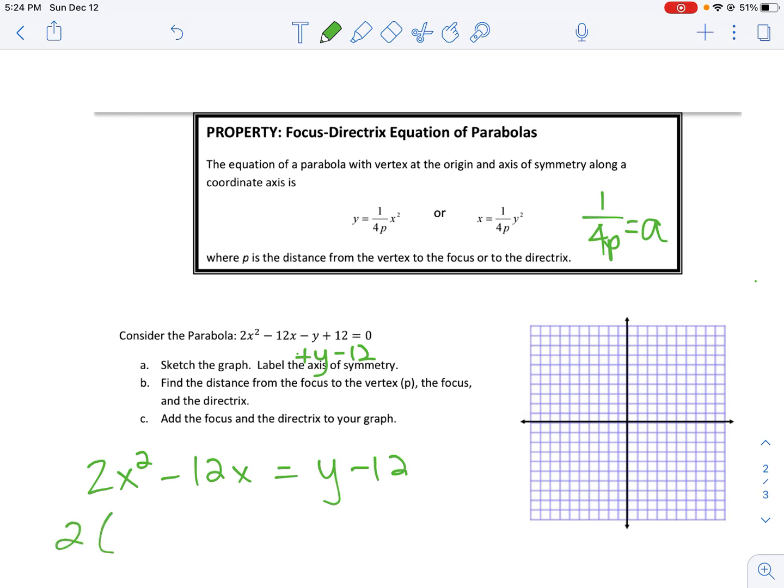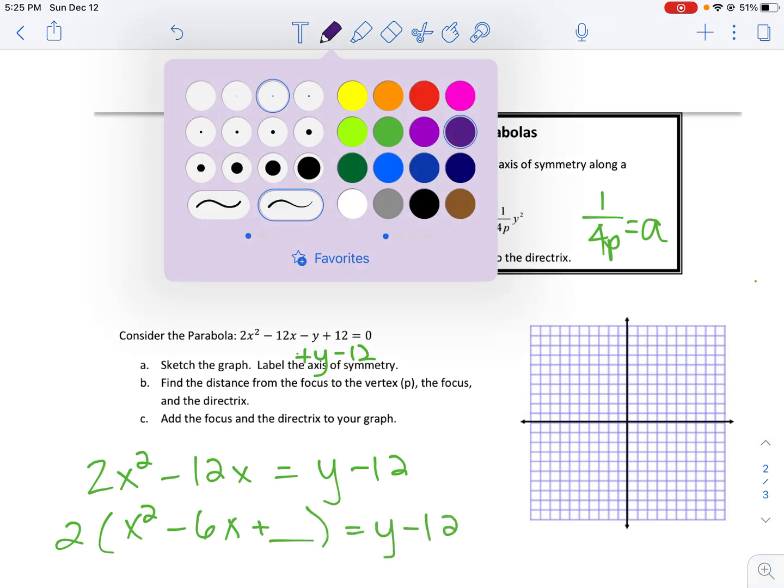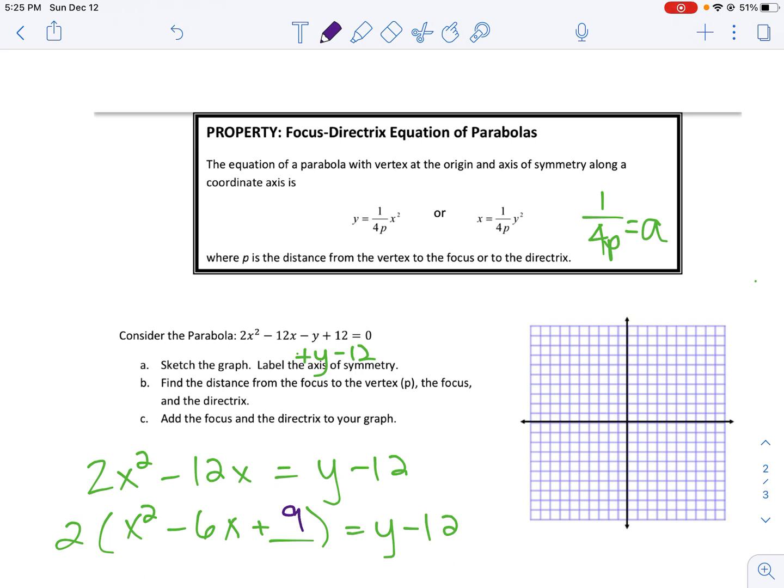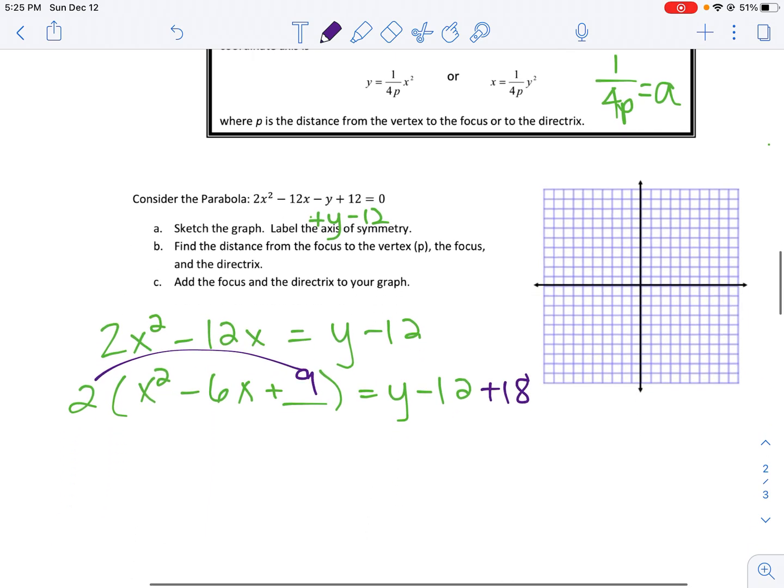I'm going to factor out that 2 to complete the square. So the number that completes the square here is 9. But I didn't really add 9. I really added 18 because I had already factored out that 2.